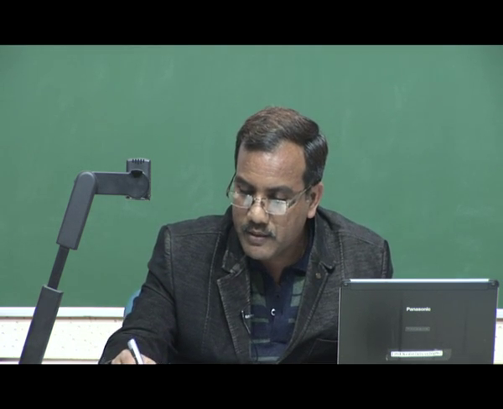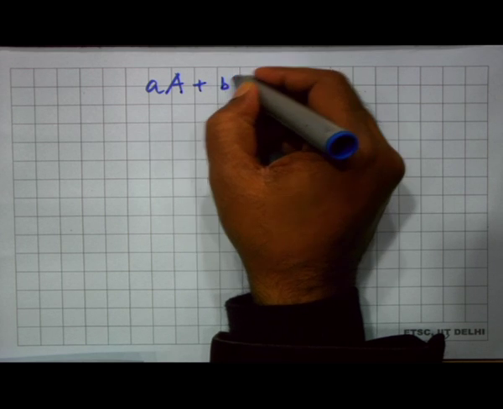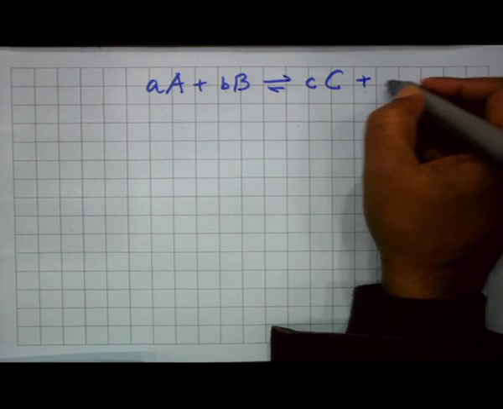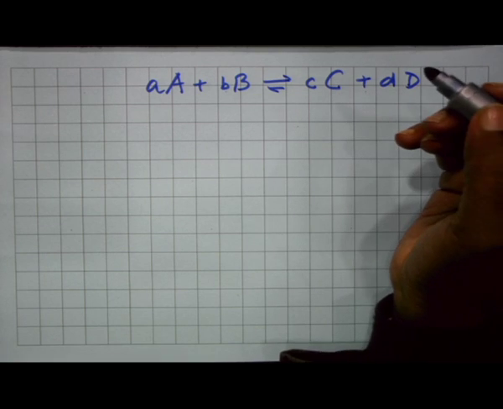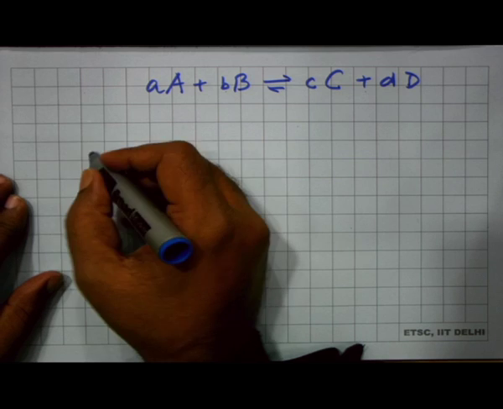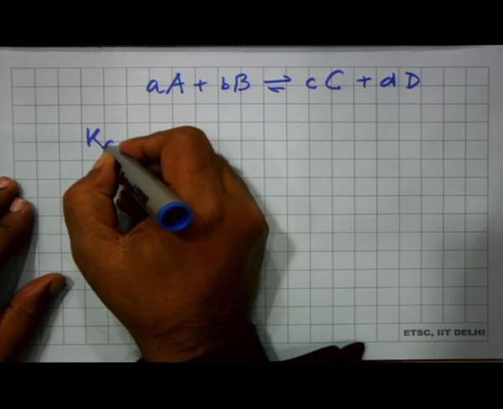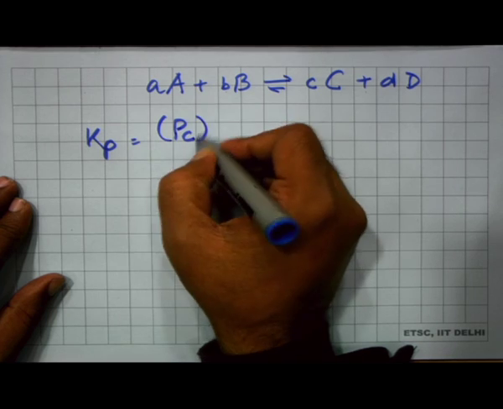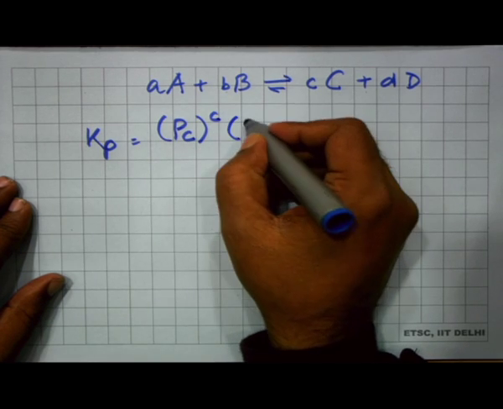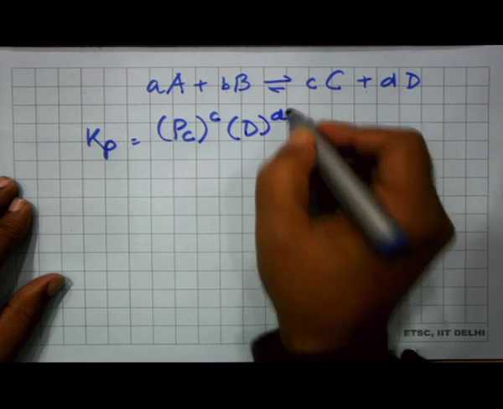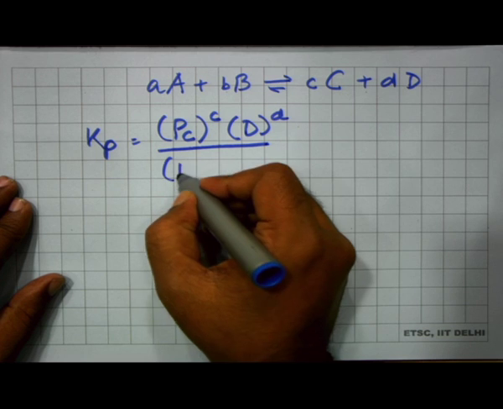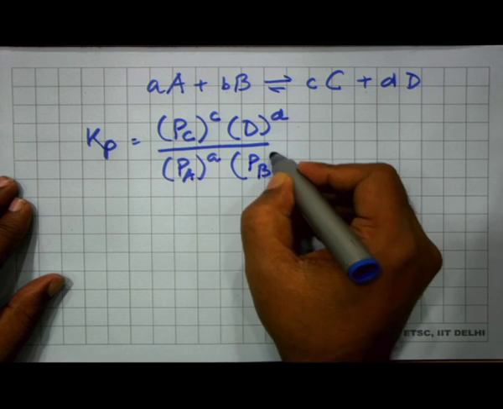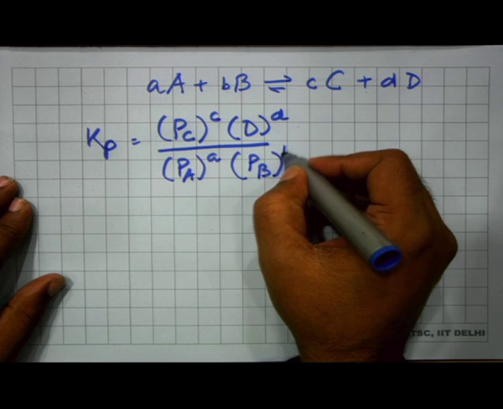Let us take a general case: a molecules of A plus b molecules of B giving you c molecules of C plus d molecules of D. In this case, Kp will be given as pressure of C power c, pressure of D power d, divided by pressure of A power a and pressure of B power b.